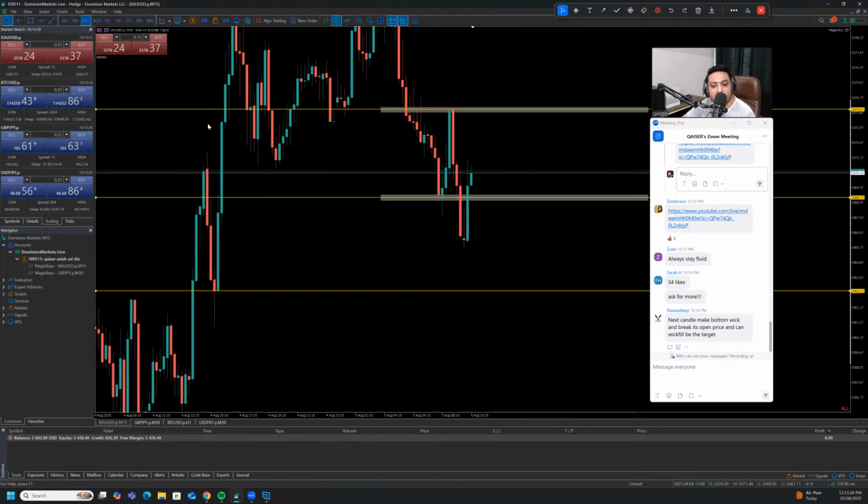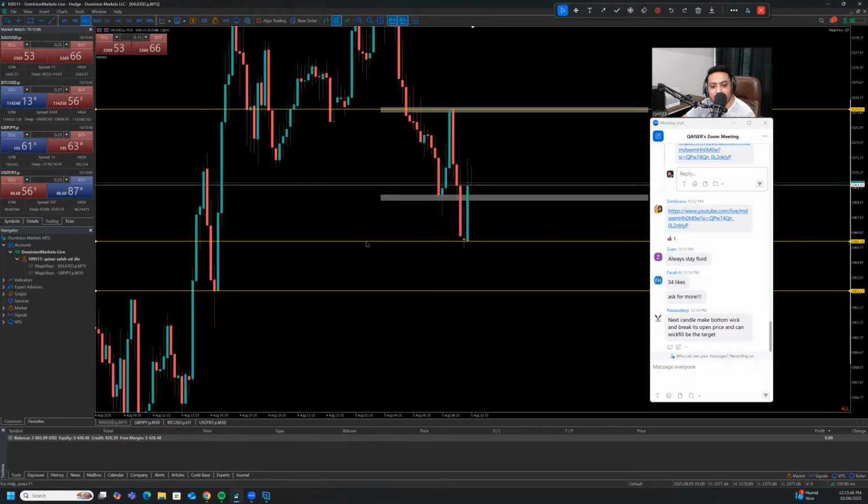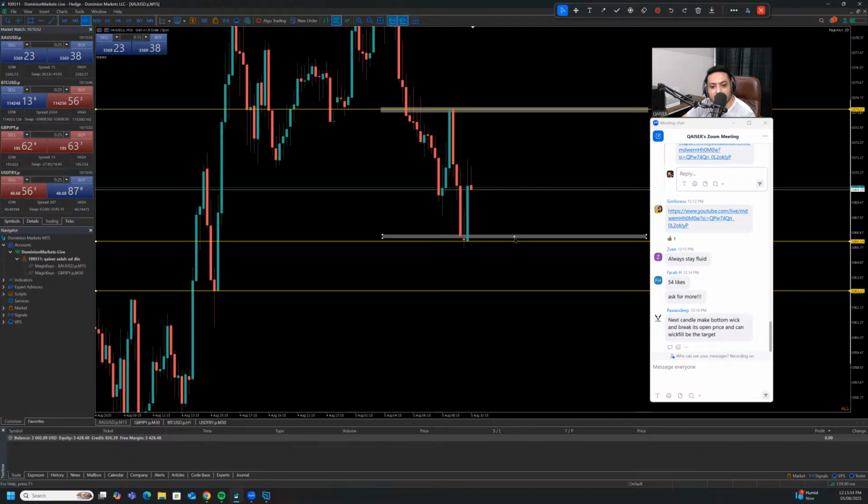It's showing some kind of volatility. Look at this one. So now we have a new support here. The new support just came down, creating a wick.